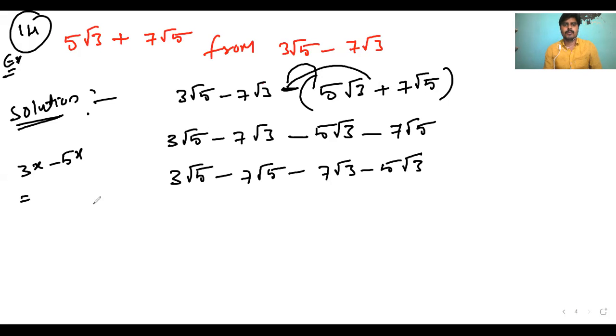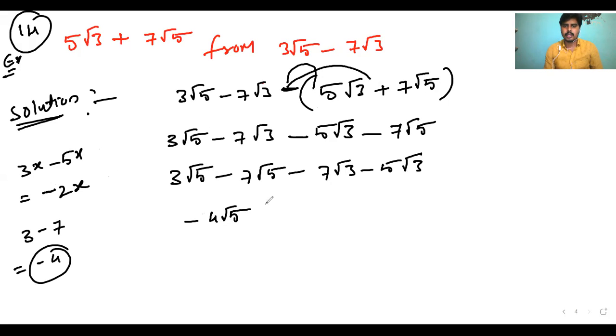Okay, no problem. So 3x minus 5x, what becomes? It becomes minus 2x, right? Likewise, 3 root 5 minus 7 root 5, what becomes? Minus 4 root 5. Just simply take 3 minus 7, which is minus 4, and then add root 5 as it is.